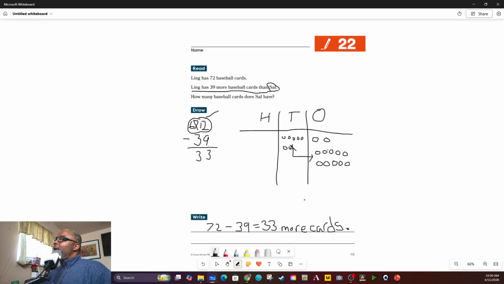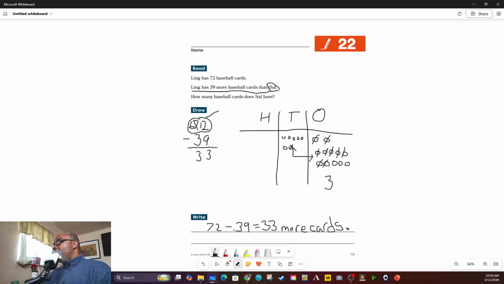Now I got 12. Now I can take away 9. So start from the top. 1, 2, 3, 4, 5, 6, 7, 8, 9. And then how many ones do I have left? 1, 2, 3. And just write that number down right there.